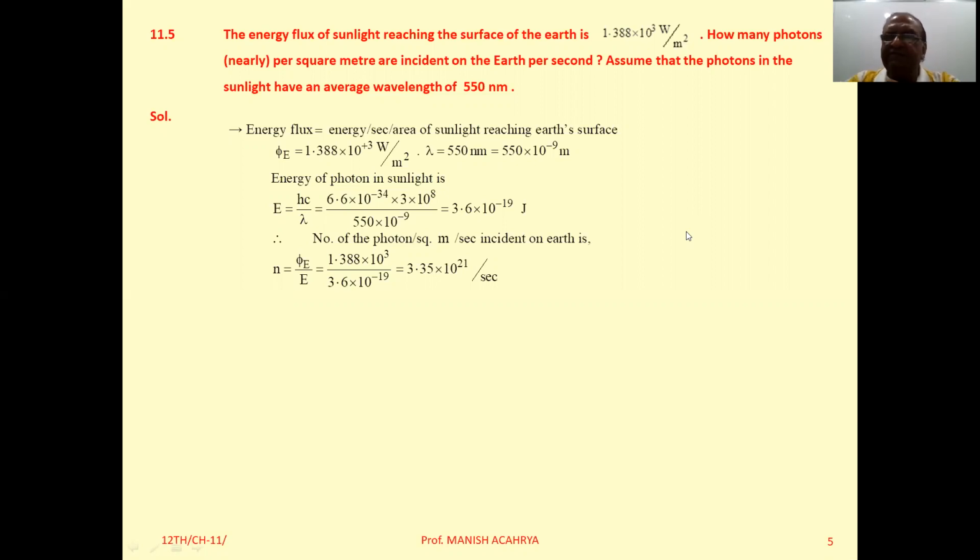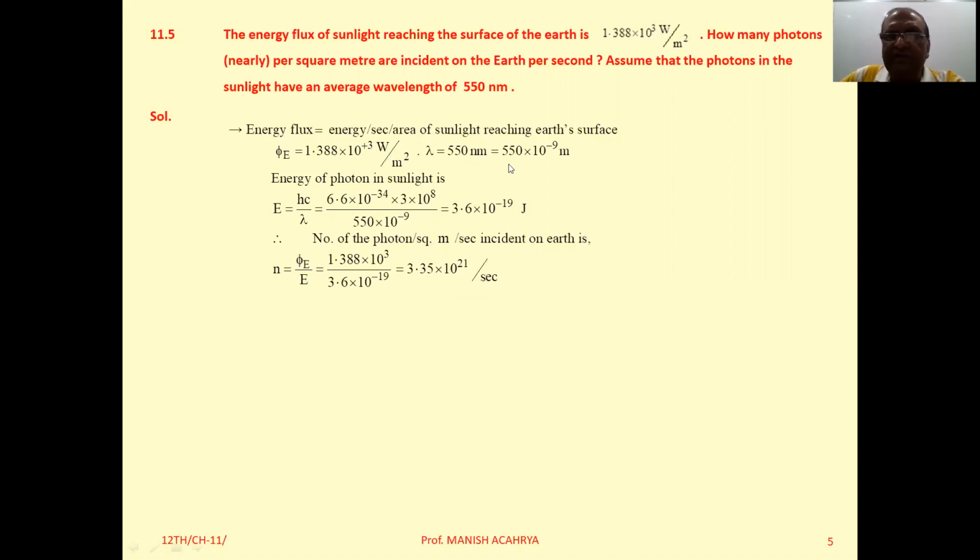Now see, energy flux is, as I told you, intensity. Intensity is nothing but the energy per unit area per unit time. Here the intensity or energy flux is 1.388 into 10 raised to 3 watt per meter square given to you.